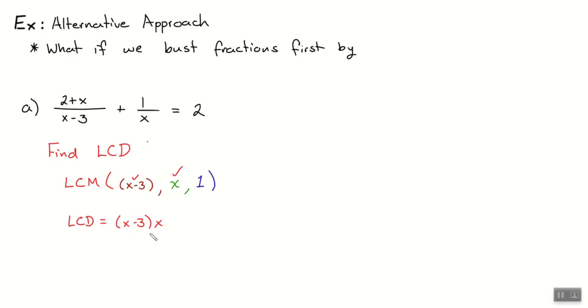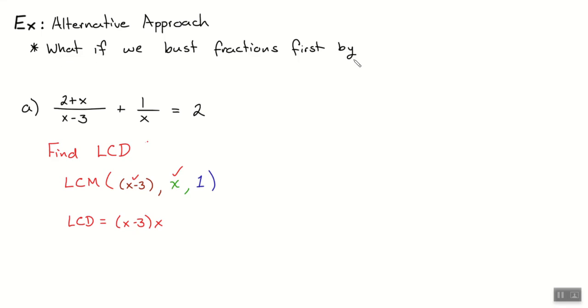But here's our approach. Rather than making everything have the common denominator, we could just bust the fractions. So here's our second statement. If I wanted to bust all of these fractions down out of fractions, like make them not fractions anymore, we're going to multiply both sides of this equation by what? So we don't want to do the multiply by 1 thing because we don't need to change denominators.